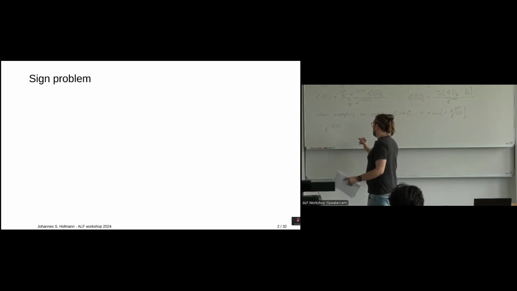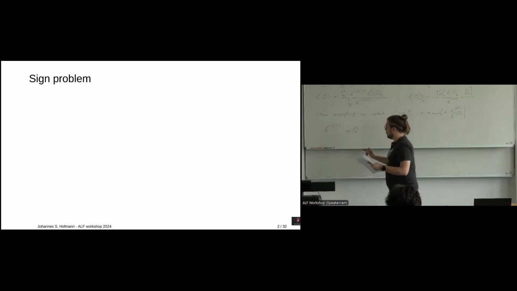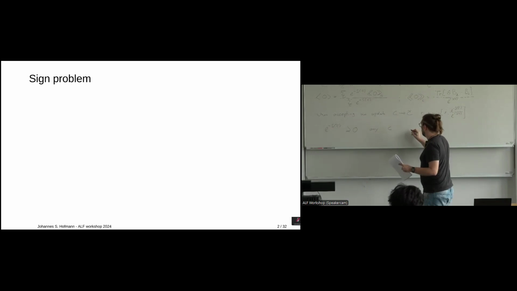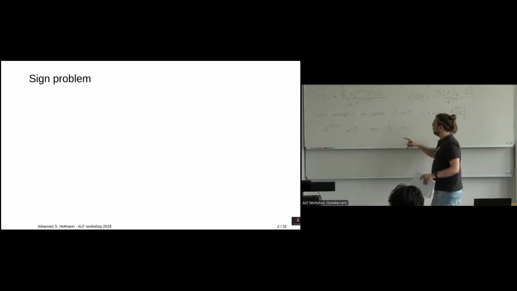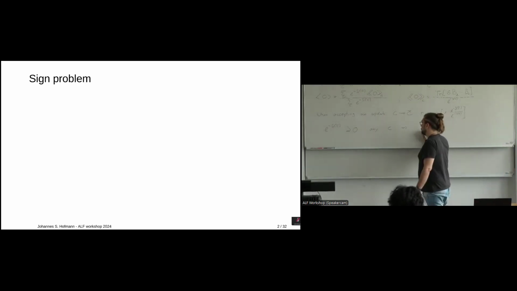Or you can also phrase it the other way. If this is larger than 0 for any configuration C, then these weights are always positive, I can interpret them as a probability, and there is no sign problem. So no sign problem.